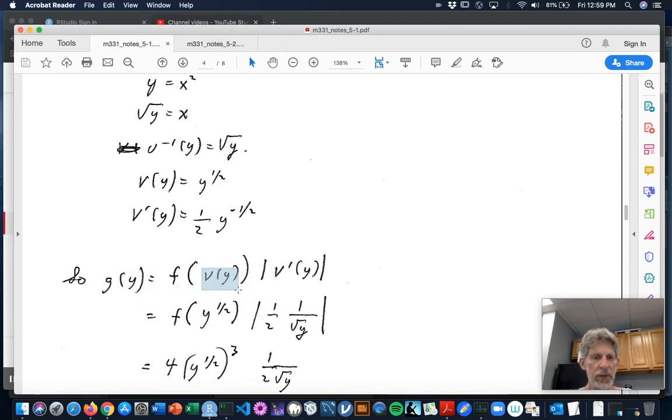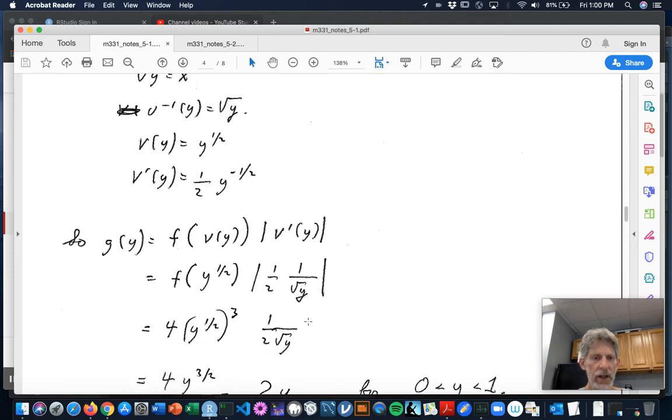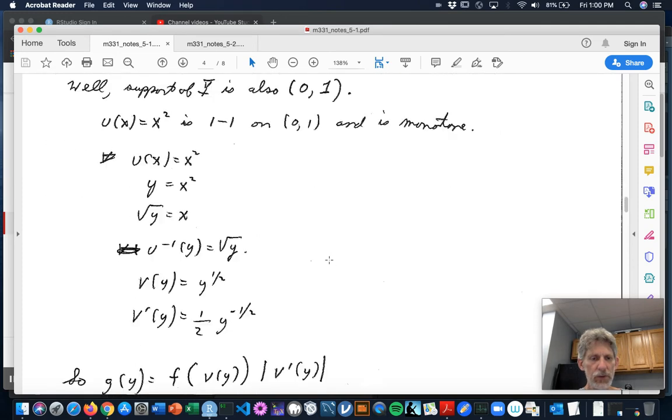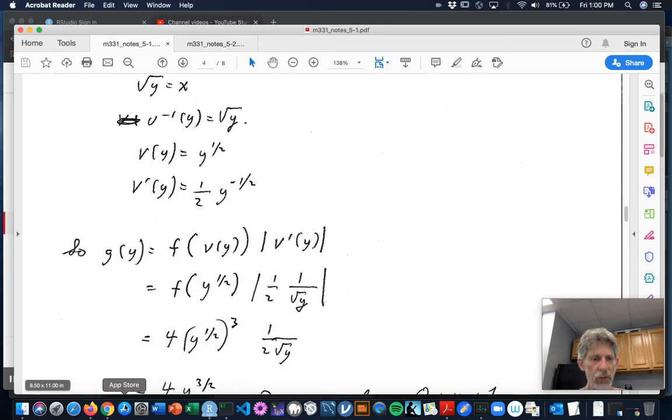So I've got to plug in my nu of y instead of an x. So I'm going to be plugging in a y to the 1/2. And I've got to take the absolute value of nu prime of y. So here's nu prime of y, and here are my absolute value signs still. And so let me see. f of x was 4x cubed, so we are looking at a 4 times y to the 1/2, cubed.